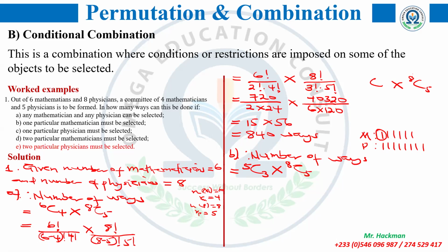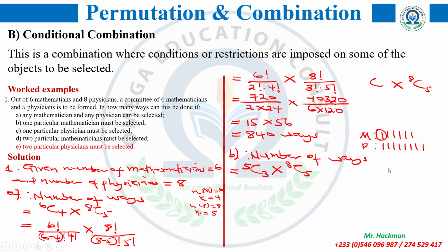I've selected 1 already. Am I right? Yes, sir. So if I've selected 1, how many more do I need to select? The membership in terms of mathematicians should be 4. So if I've selected 1, I need how many more? So you need 3 more.